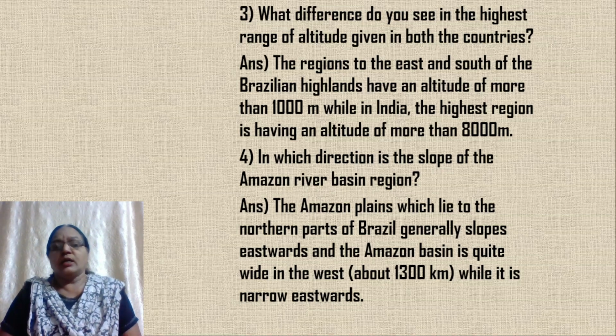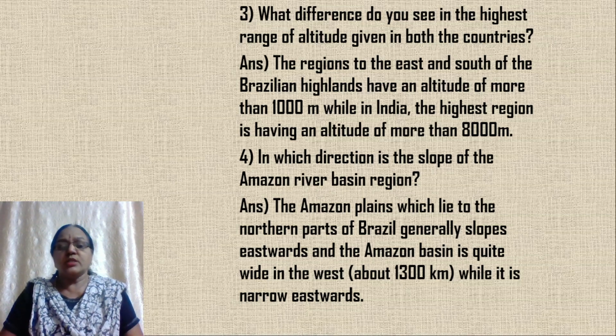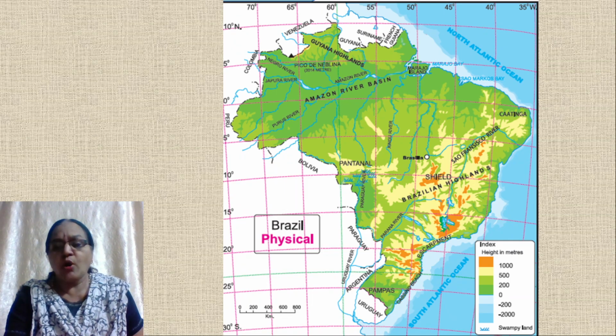We find that regions in Brazil to the east and south of the Brazilian Highlands have an altitude of more than 1,000 meters. So look at the map of Brazil. Look at the color, children. It is yellow and orange here. So 500 to 1,000, more than 1,000 to 1,500.